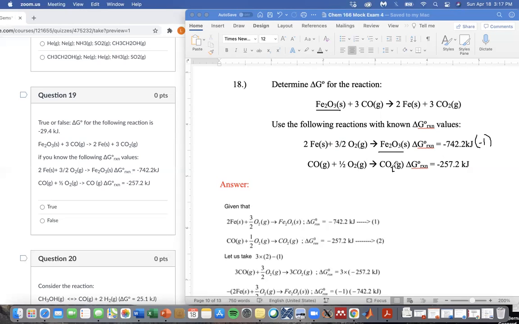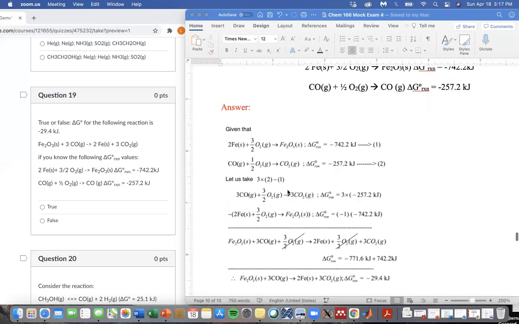I just got lost in the copy and paste. Yeah, so it should be CO2. For this one, we have the CO2 on the correct side, but we need to multiply by 3 in order to have 3CO2 and 3CO. So for this one, we multiply by 3.